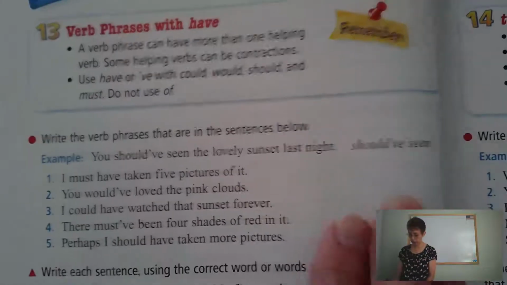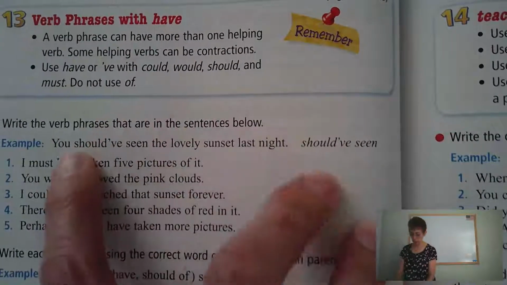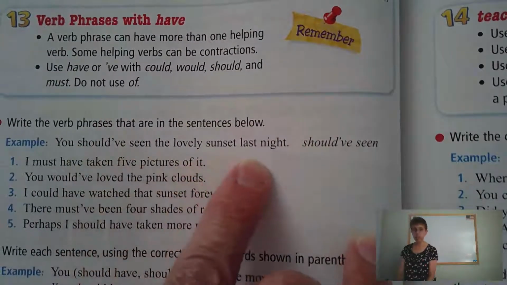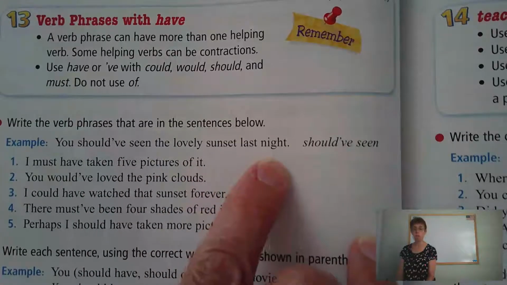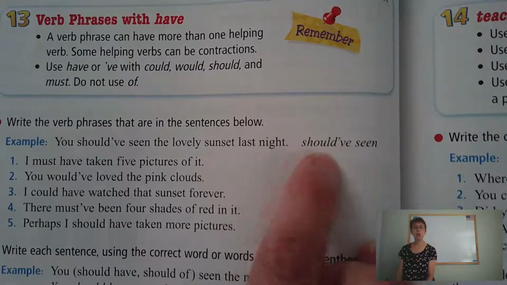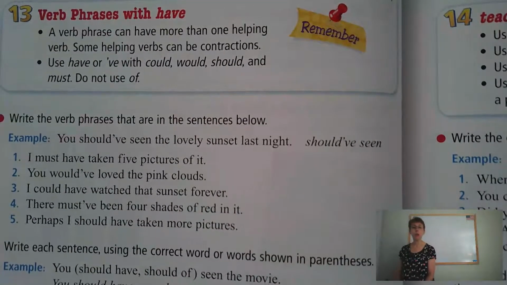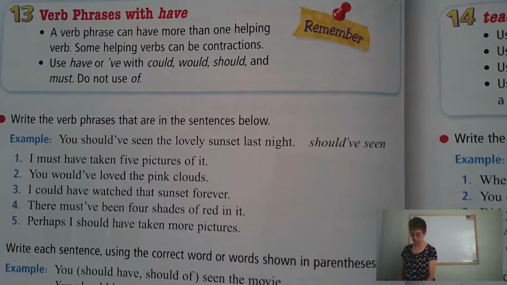So you simply need to write down whatever the verb phrase is. Example, you should have seen the lovely sunset last night. The verb phrase, should have seen. You're writing the complete verb phrase the way it appears in each sentence.